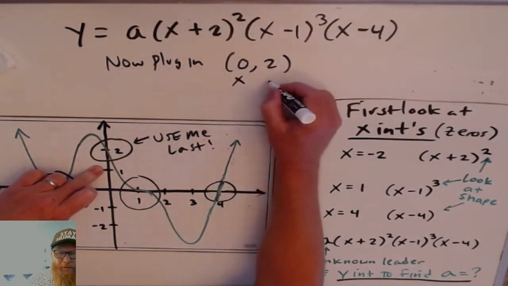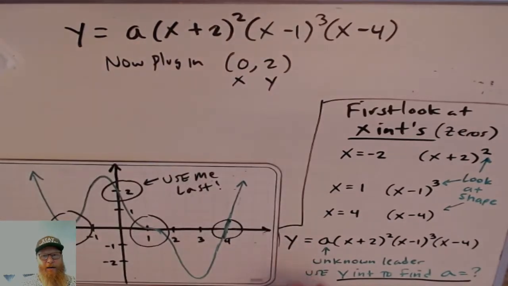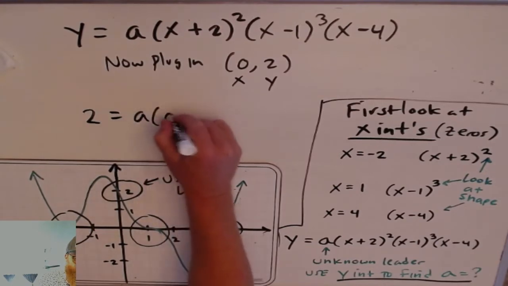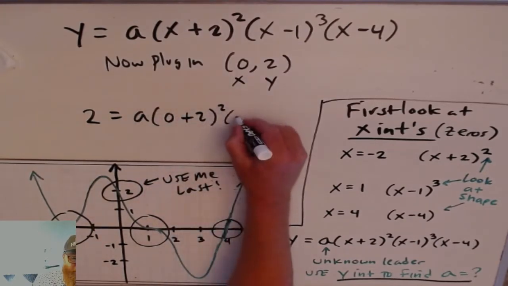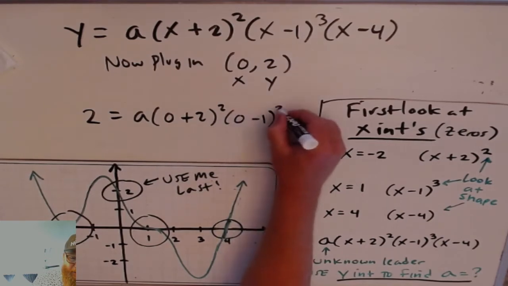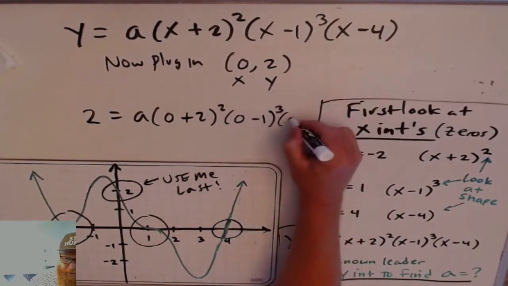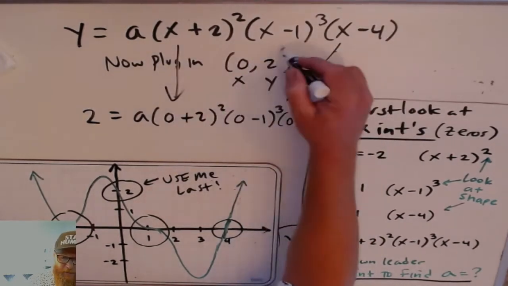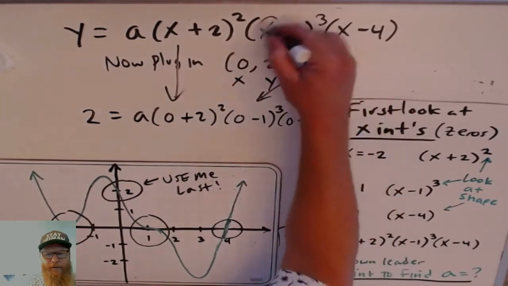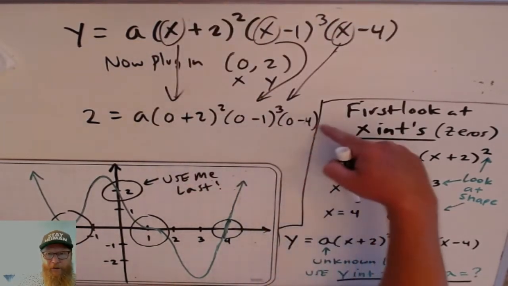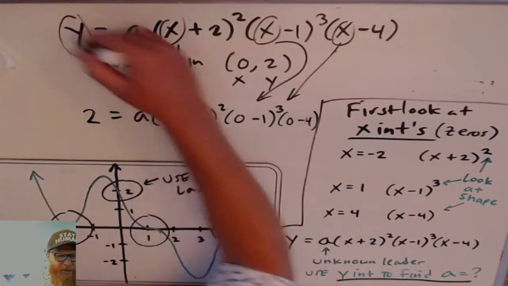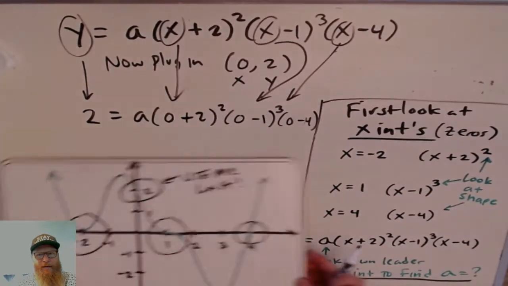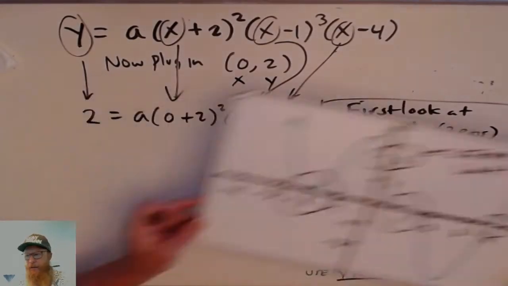So 0 would be x and 2 would be y. So I'm plugging in 0 for all the x's, and then I'm plugging in 2 for the y value. I don't really need the graph anymore, so I can just put this aside over here.